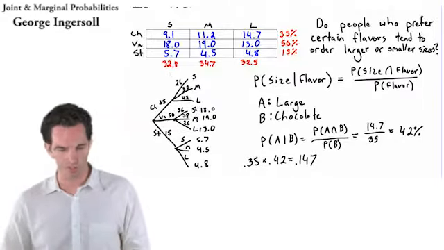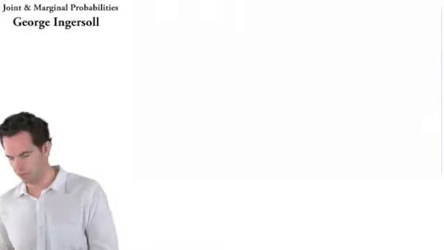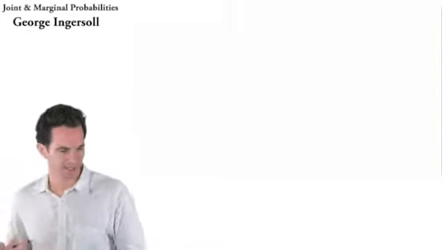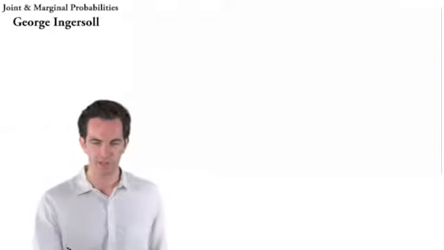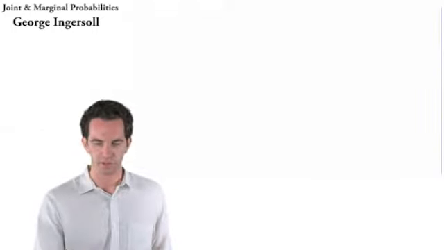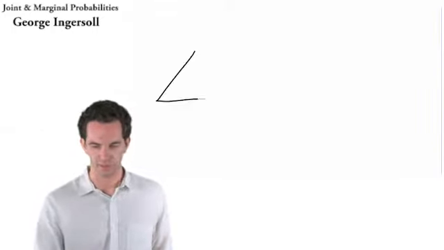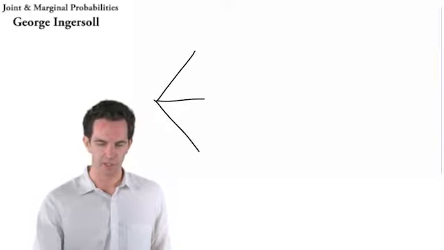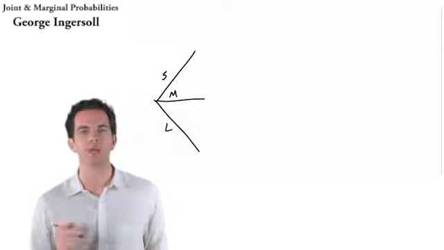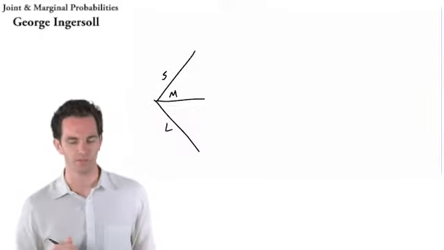Let's see if I can. I don't think I can fit any more on this page, so I want to point out one more thing. And that is, what if you had made this decision tree in the exact opposite way? What if, and here I've got all this room, it's going to be glorious, what if I had made my decision tree like this, and I had said small, medium, large? What would that have given me? Think about that for a moment.